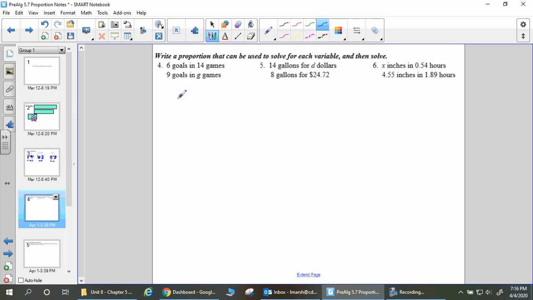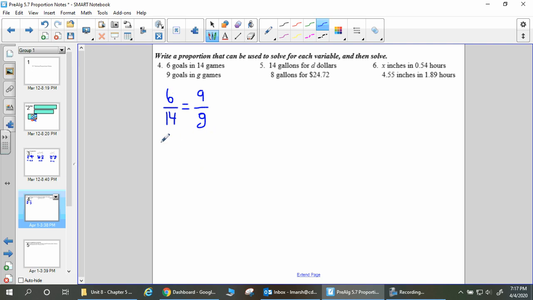So if I'm going to set this up, there are 6 goals happening in 14 games equal to 9 goals happening in G games. So there is my proportion. I'm going to use the exact same steps that we did on the last question.